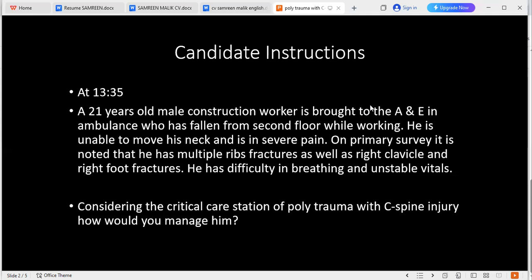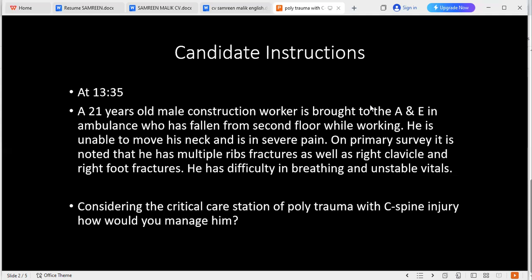Regarding this, I will assume the blood loss. So, considering this scenario, how much blood has the patient lost? What would be the level of shock?